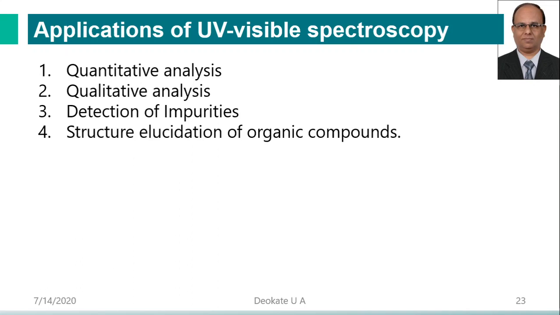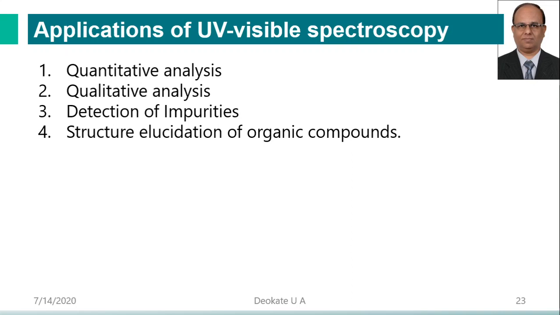The next application is in the structural elucidation of organic compounds. UV spectroscopy is useful in structural elucidation of organic molecules. The presence or absence of unsaturation, that is a double bond, and the presence of heteroatoms, that is oxygen, nitrogen, sulfur with a lone pair of electrons, can be detected using UV visible spectroscopy, that is, in the determination of the structure of a molecule.